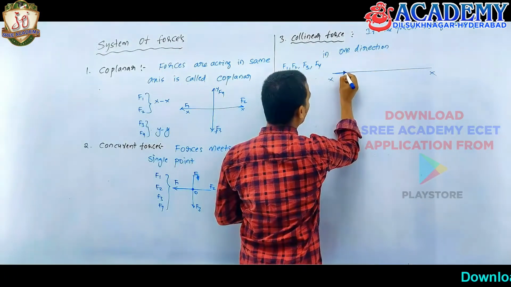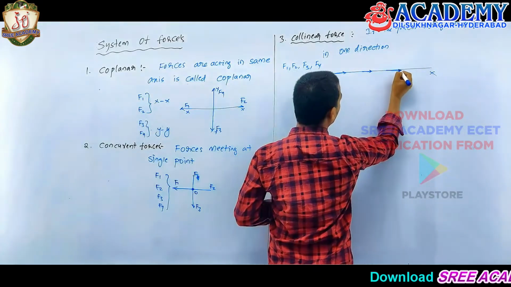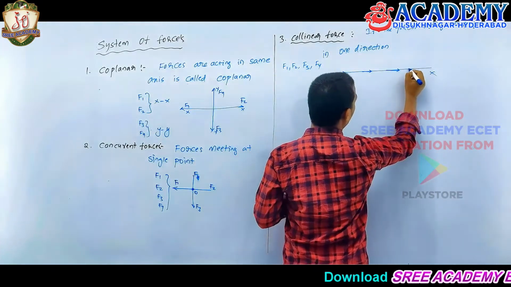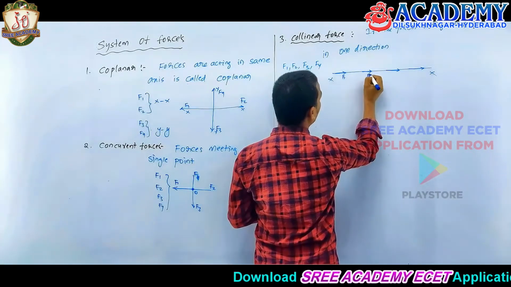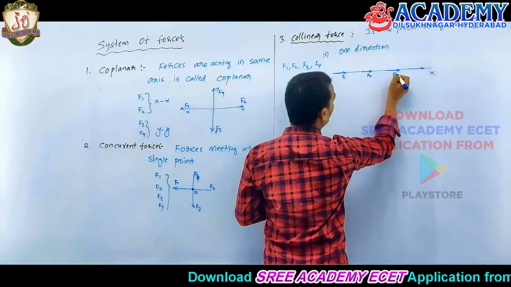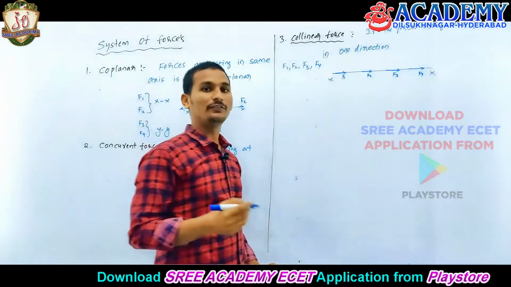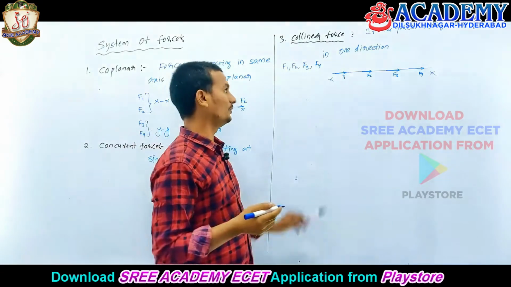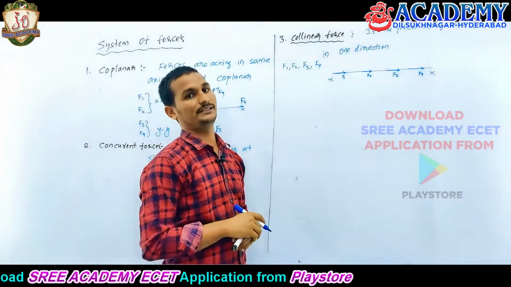So all these forces acting in a single plane in the same direction or in one direction, that we call collinear forces. So F1, F2, F3 and F4 we call collinear forces.